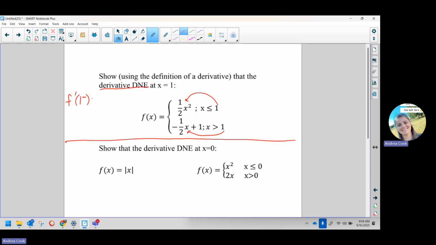The derivative as I approach one from the left is equal to the limit as x approaches one from the left of f of x, which is 1/2 x squared, minus f of one, which you told me was 1/2, all over x minus one.